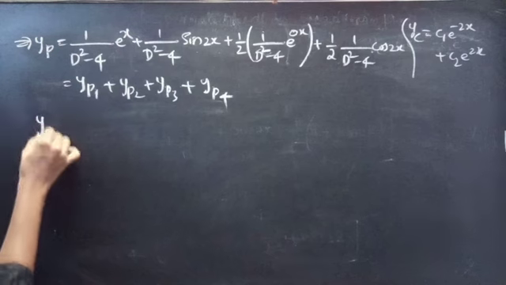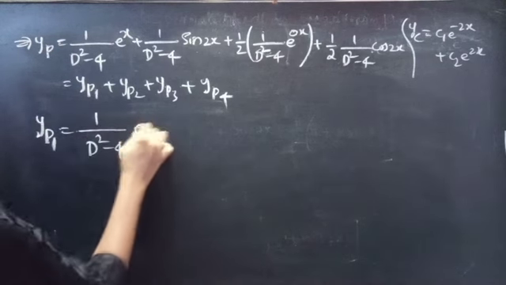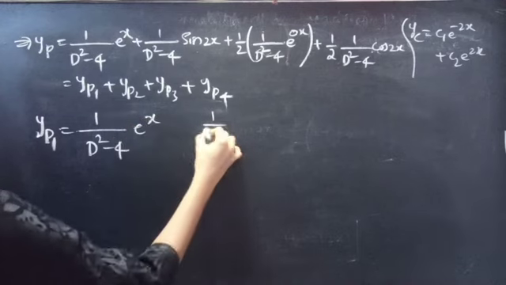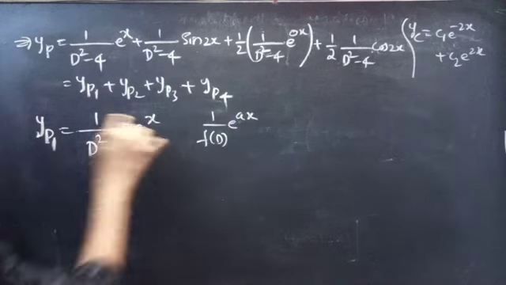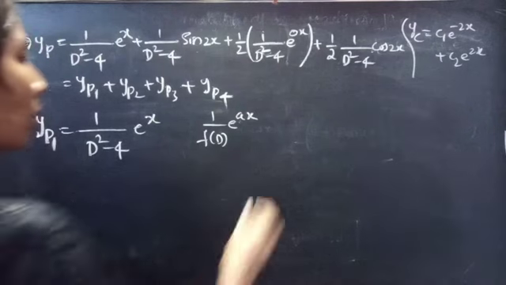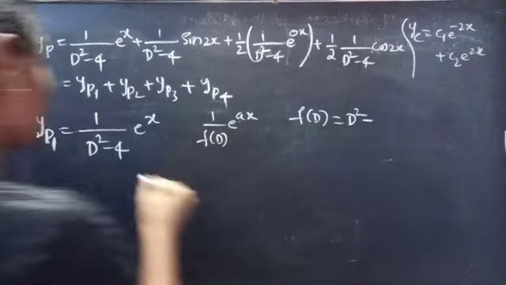Firstly I'm going to find yp1, 1 by f of D into e power x. This is of the form 1 by f of D into e power ax for a equals 1. We have f of D equals D square minus 4, right?